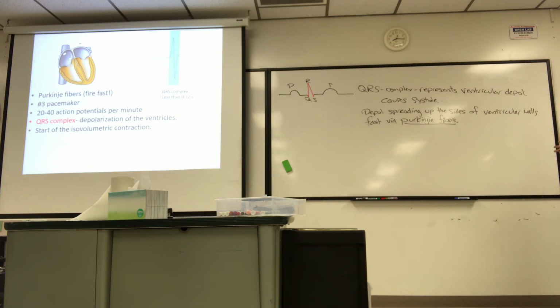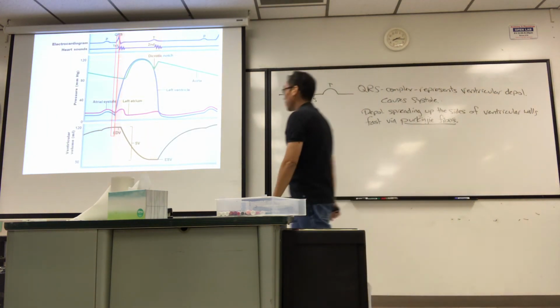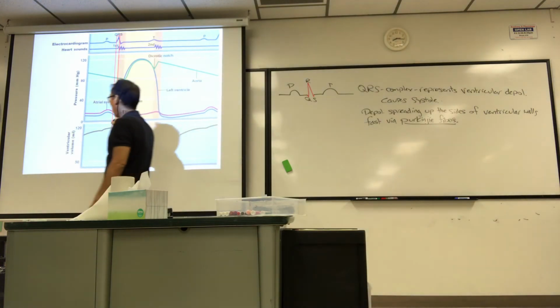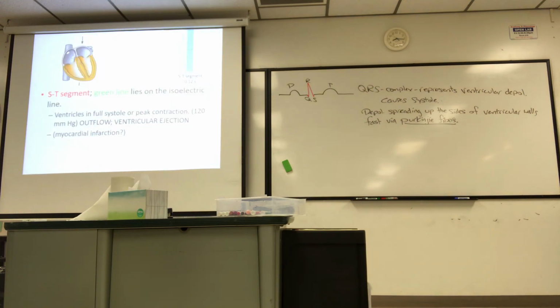And you have to say it just like that, Purkinje. Well, you'll be able to see them on your heart today, I think. Okay, so here's QRS, and it's just prior to it causing the systole. So this is right before isovolumetric contraction. And okay, let's talk about events after depolarization when the ventricles are actually contracting.